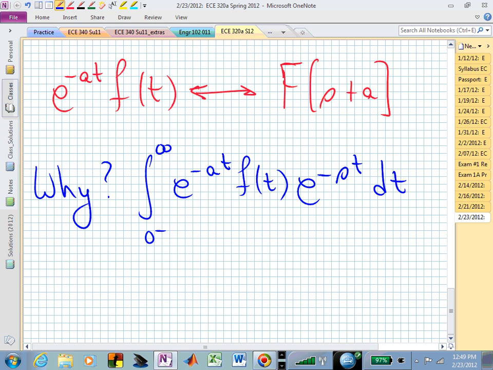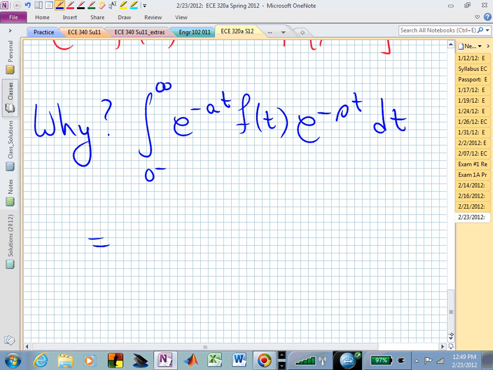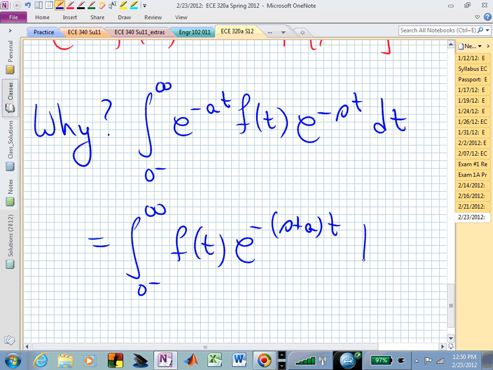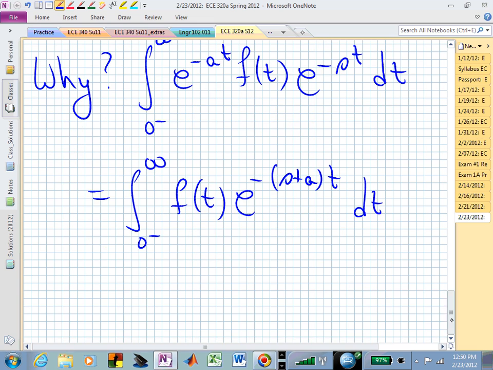But this can be made to look like what we're used to seeing if we simply combine our exponents. We have f of t, but now we have e to the minus s plus a t dt. And that should look very familiar to you. It's just the standard Laplace transform, except now instead of s, we have s plus a.